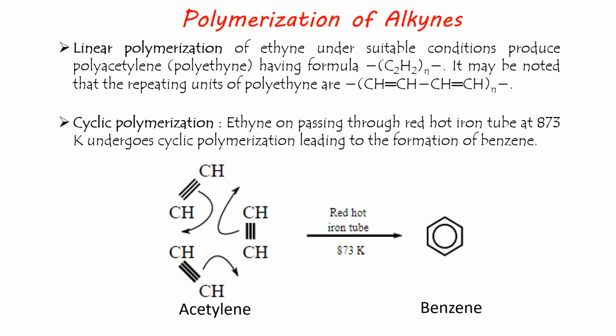Next comes polymerization of alkynes. Now here we have two different types of polymerization. One is linear polymerization and next one is cyclic polymerization. Now in linear polymerization, under suitable conditions, linear polymerization of ethyne takes place to produce polyacetylene, which is a high molecular weight polyene containing repeating units of, as you can see, CH double bond CH single bond CH double bond CH, with n.